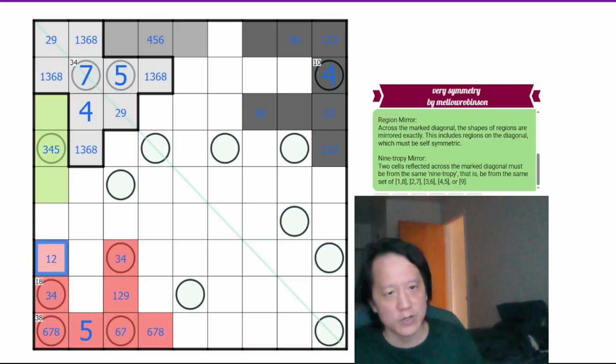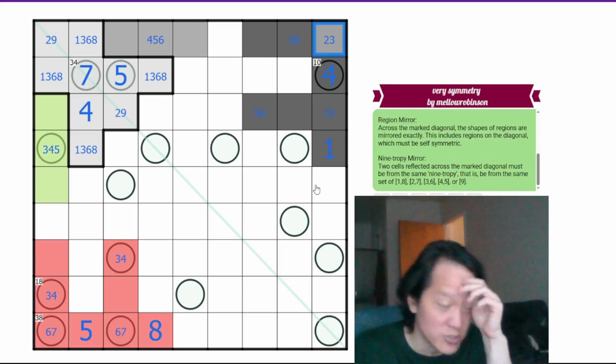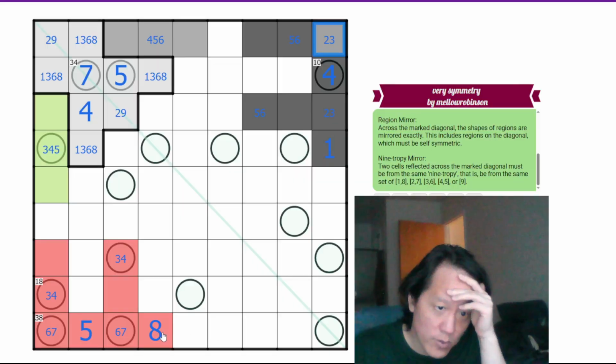We don't know that that's the case. But it's pretty likely, right? This can't be 6, 7 as a pair. Therefore, this would be 8. This would have to be 1. No 1 there. This actually looks like it's working. So this adds up to 30.